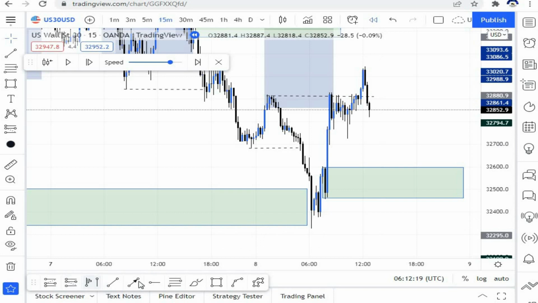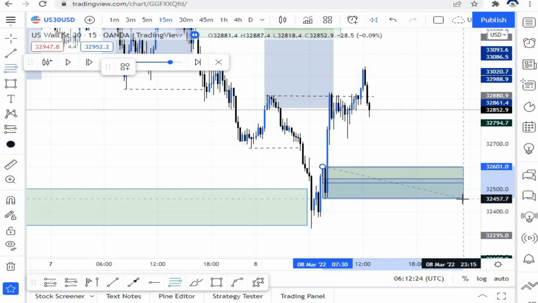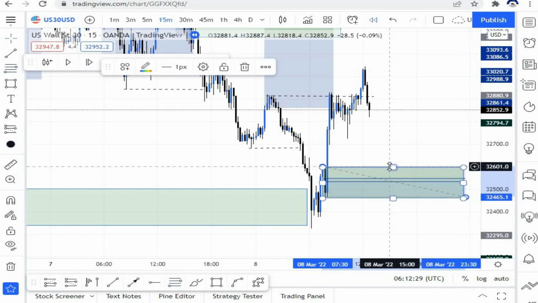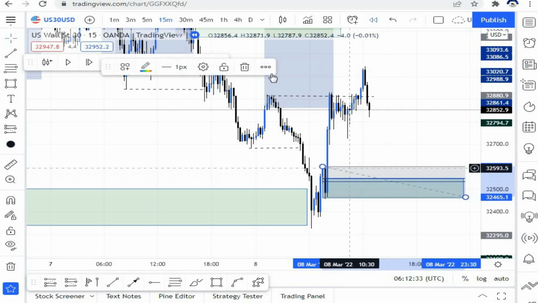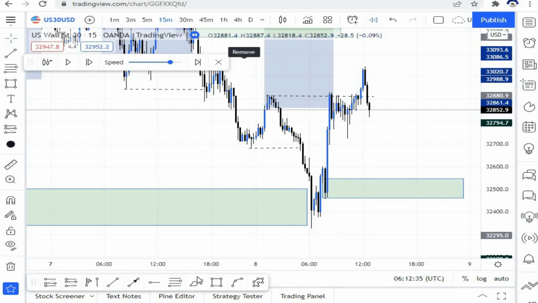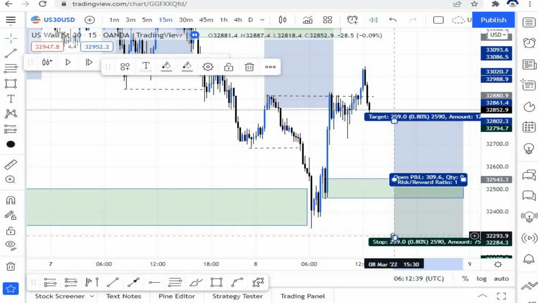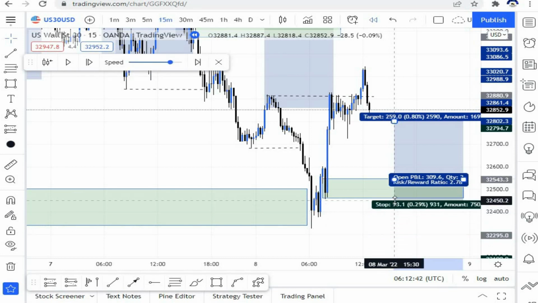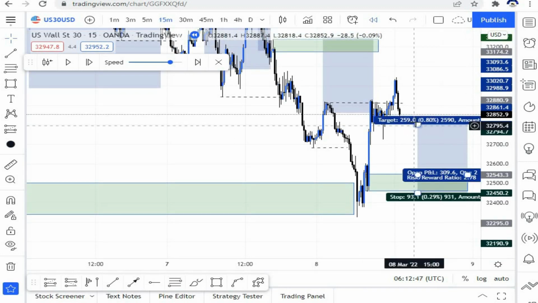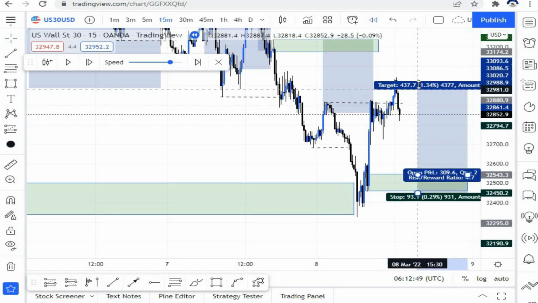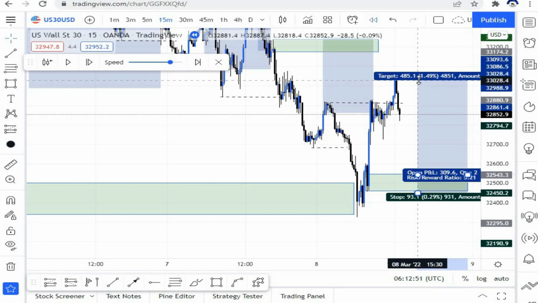Then if you like, you can use premium and discount, right, to minimize your risk always. And then this is your premium zone. You delete the premium and discount, and you put your buy limits around the zone area, SL here, and your targeted supply will be this one, because that's where the price decided to turn, right?